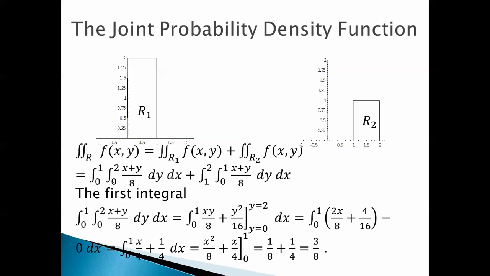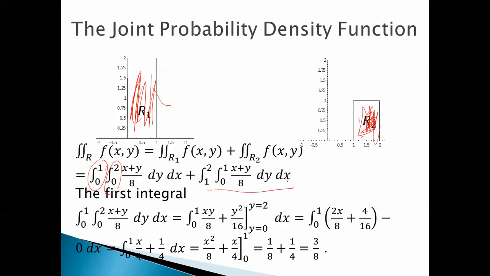Notice r1 is going to be this region, and so our limits of integration, y goes from 0 to 2, and x goes from 0 to 1, and that gives you this whole region here. And then you would just integrate f of xy, that is x plus y over 8. As for this r2, to evaluate the integral over that region, we would let y go from 0 to 1, and then x go from 1 to 2, and we'll get this whole region, and thus that integral.